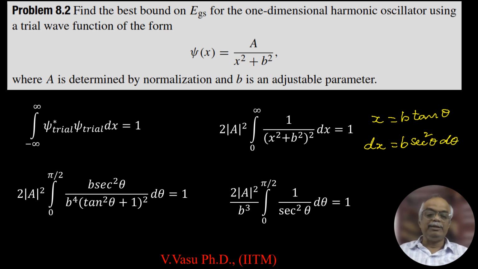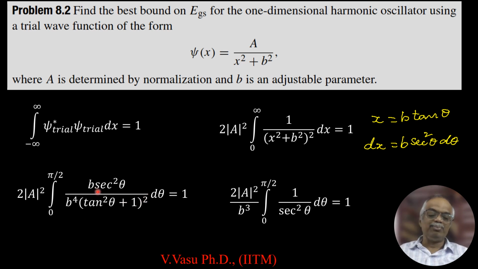Now you replace it here. dx will become b secant squared theta d theta, and here x squared will become b squared tan squared theta plus b squared, but I am taking b squared outside. This will become b power 4 (tan squared theta plus 1) whole squared.